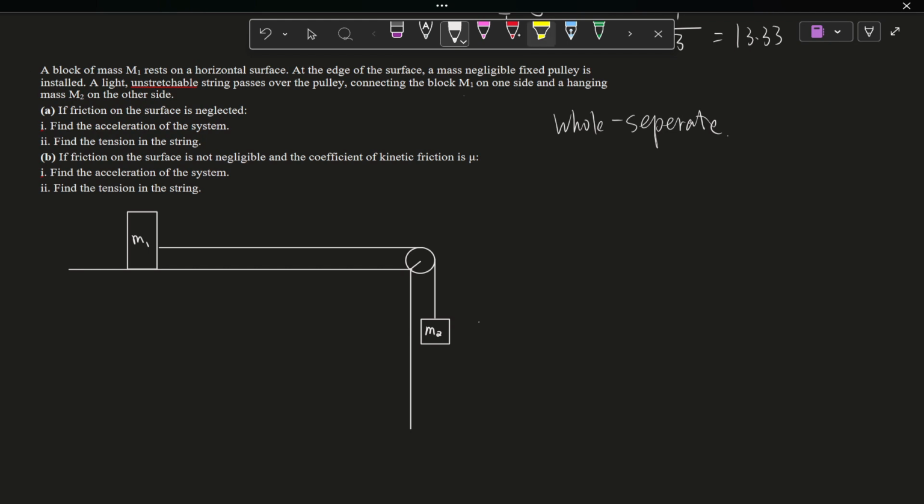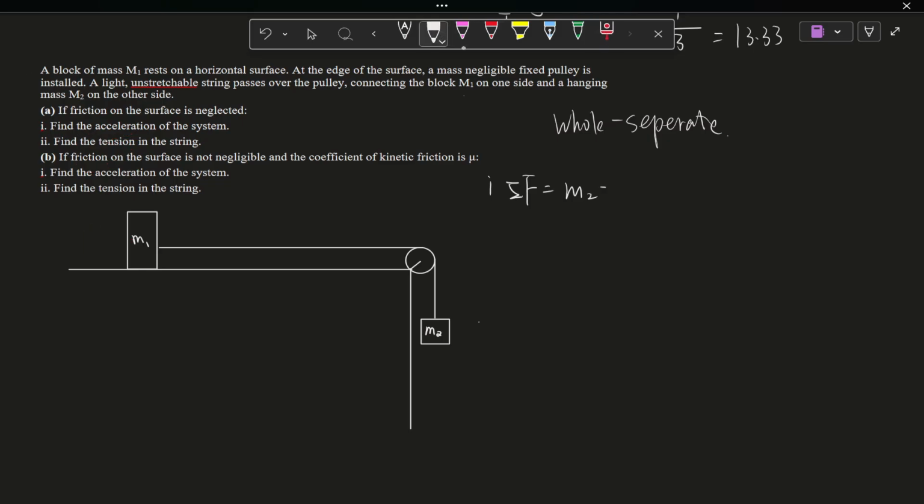So first, still using the whole-separate method, we can write the net force equation for the entire system. m2 is going downward, and there's the Ft pulling it upward to resist it from going downward. And for m1, there's an Ft pulling it to move along the surface. However, this time we've got a friction force pulling it backward.